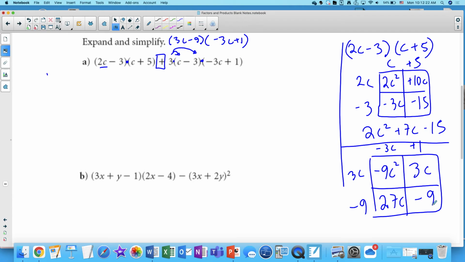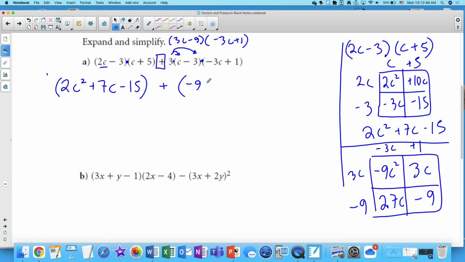Now we can do this addition. So if we take our first product, which is 2c squared plus 7c minus 15, and we add this guy, negative 9c squared. Oh, 3 plus 27 is plus 30c, and then minus 9.